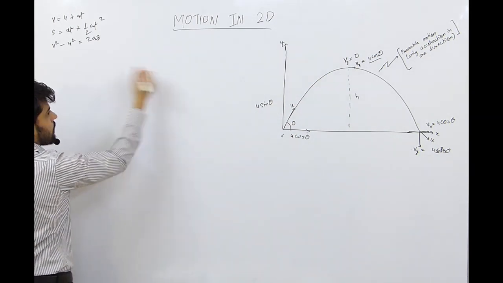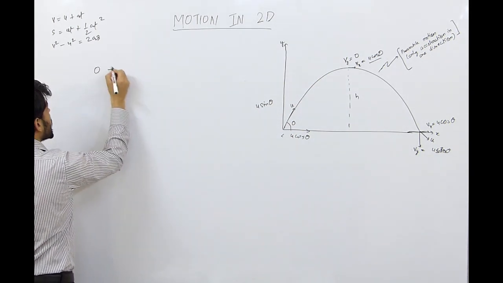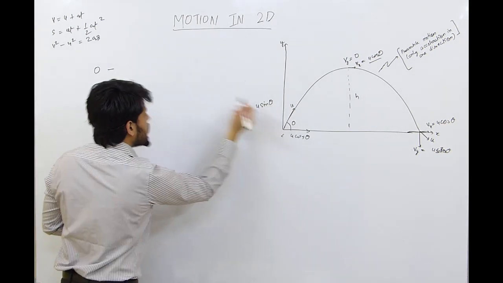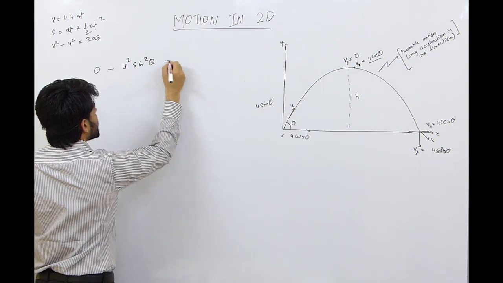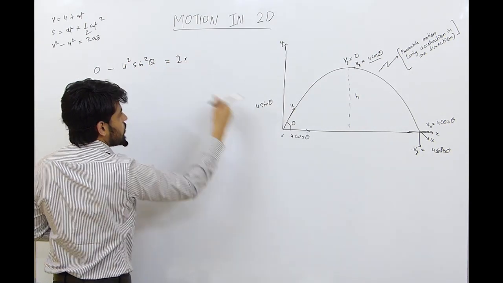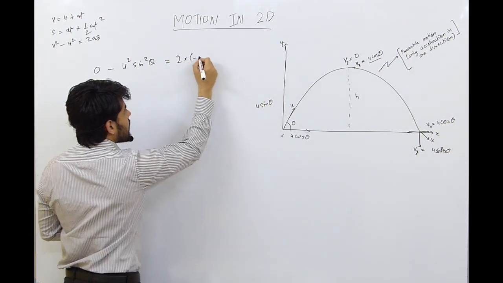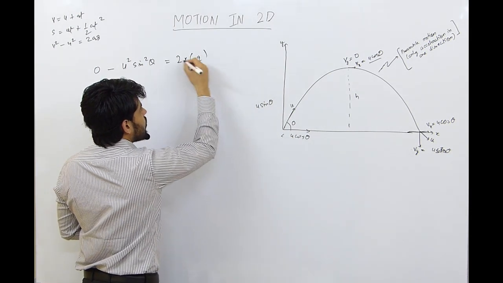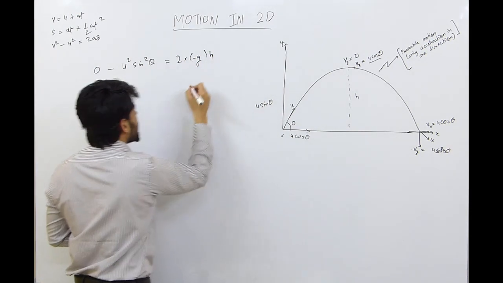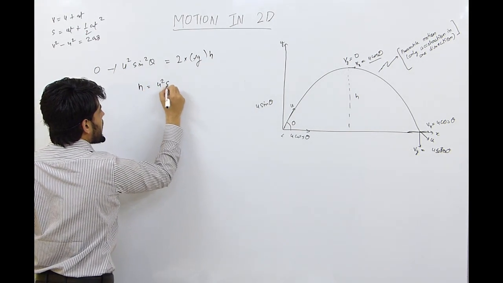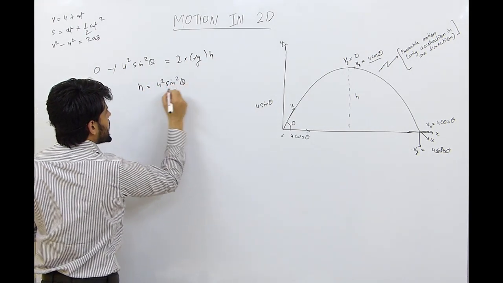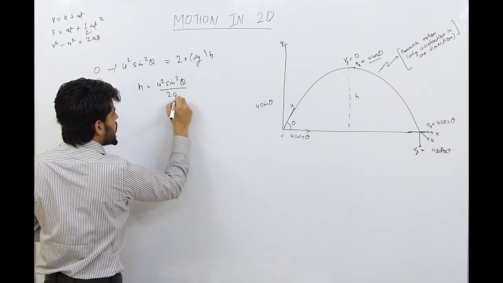So v, the final velocity, is 0 minus initial velocity u sin theta, so it will be u square sin square theta is equal to 2 into g, which will be negative because the motion is in the upward direction, 2 into minus g into h. From here, minus is minus and h comes out to be u square sin square theta by 2g.